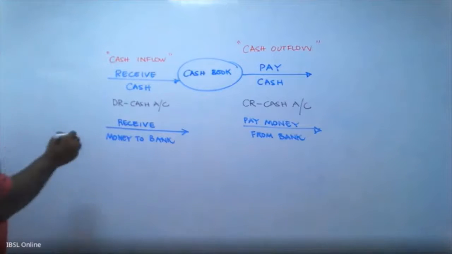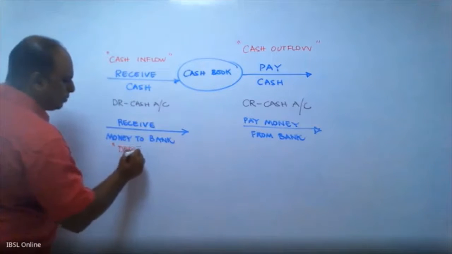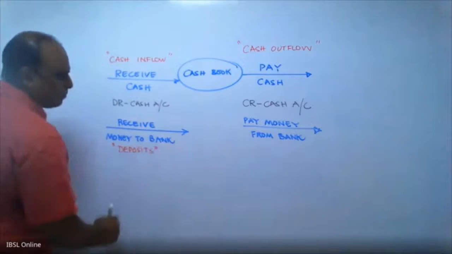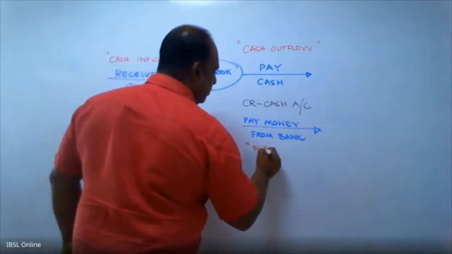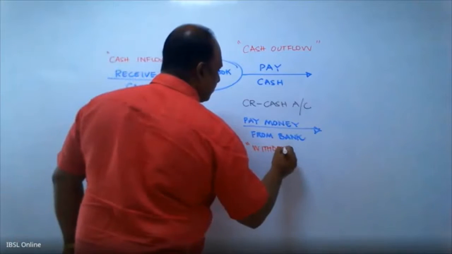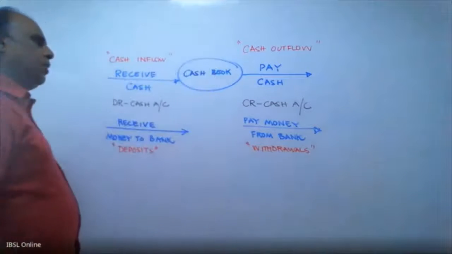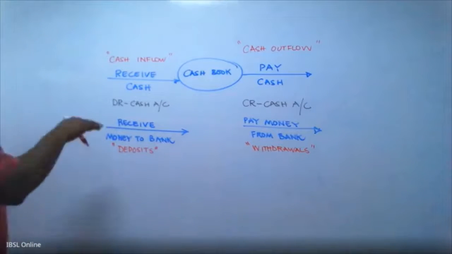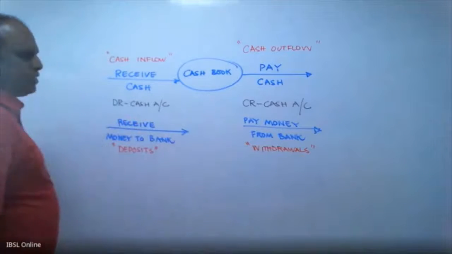This is where you will call it deposits. This you call withdrawals. Understood? To your bank account, when you put money, that is a deposit. When you take out money, it's a withdrawal.